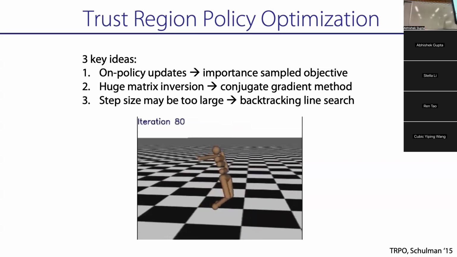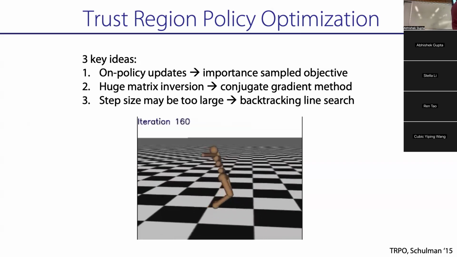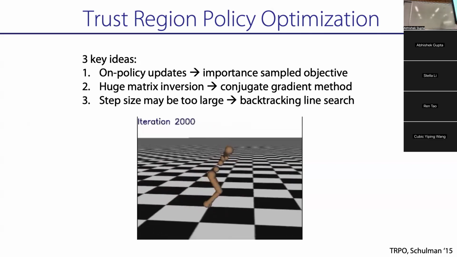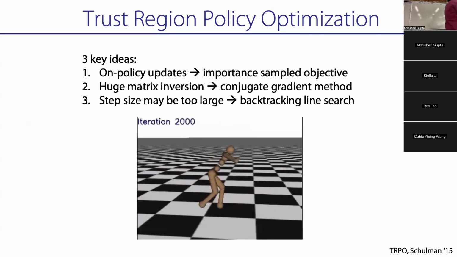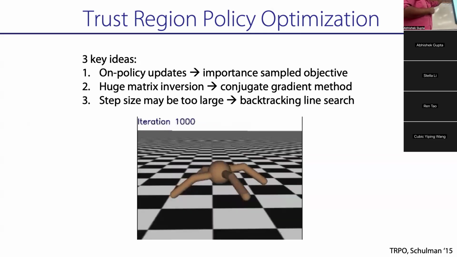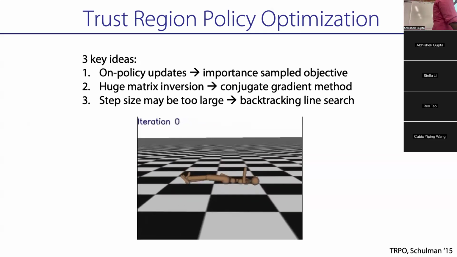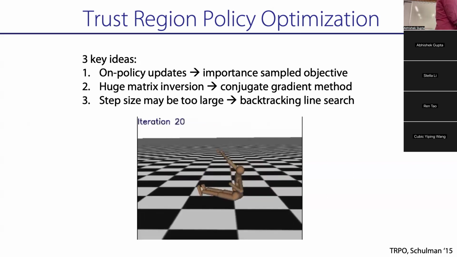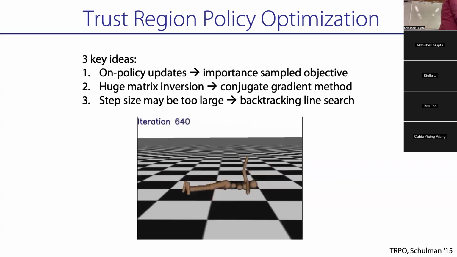Natural policy gradient is policy gradient, but steepest descent under the KL divergence norm, not the Euclidean norm. So policy gradient is steepest descent, natural gradient is steepest descent under KL, and TRPO is natural gradient made practical with these three things.